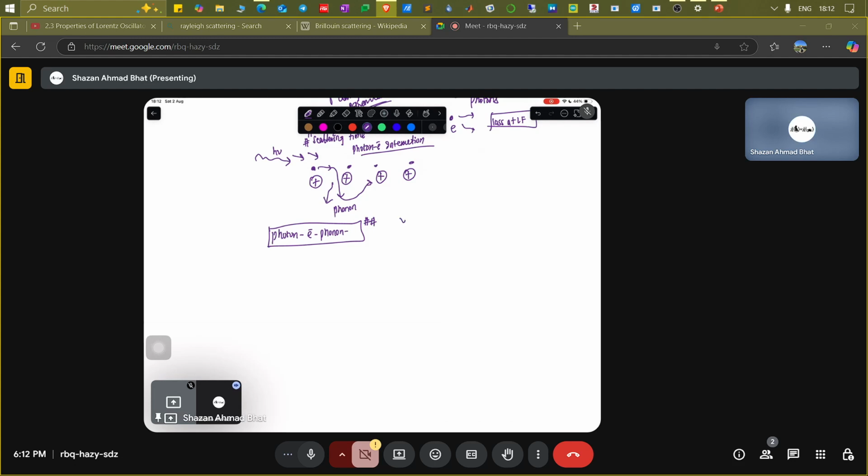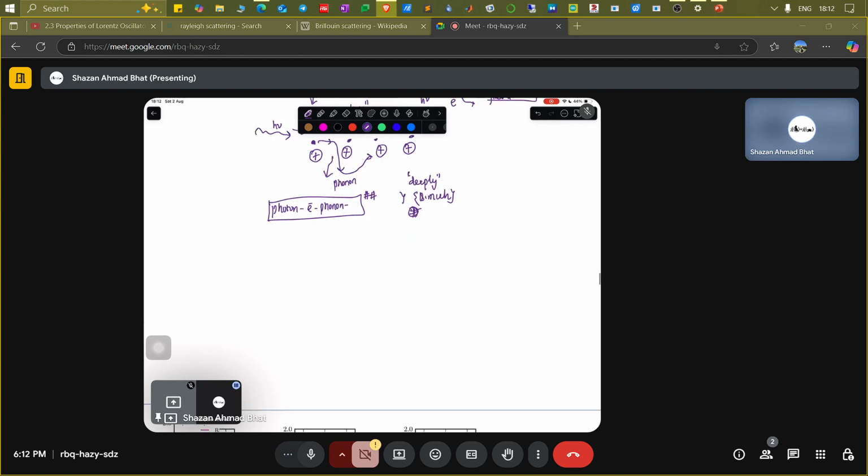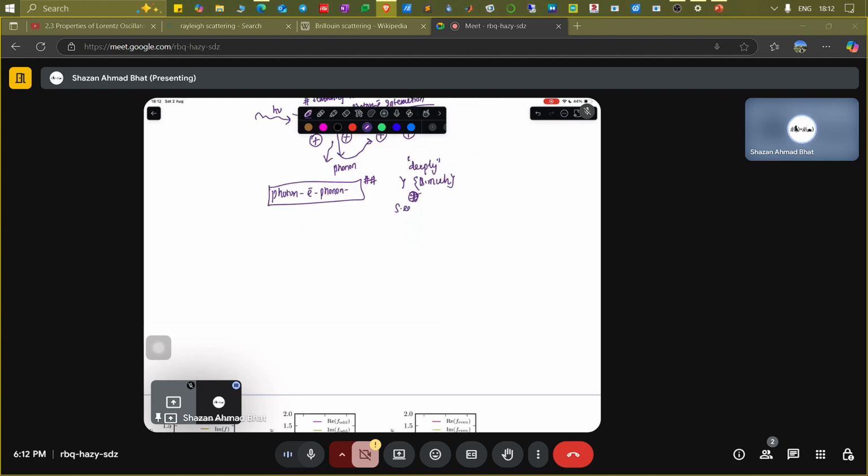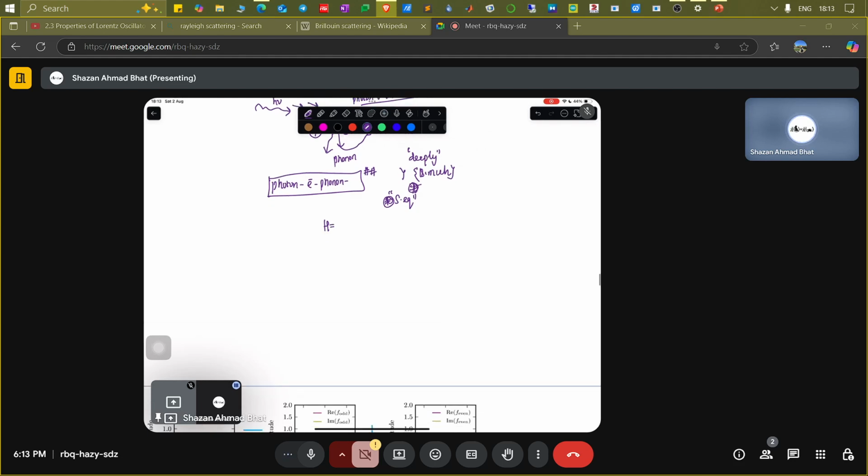If you want to deeply understand what is happening, then you have to invoke quantum mechanics. Quantum mechanically, they can be solved, and you can solve the Schrodinger equation by considering all of those interactions, which is a very difficult job to do, even numerically. But if you consider the Hamiltonian in the Schrodinger equation, which is the total energy, then it has to consider the electron's energy.